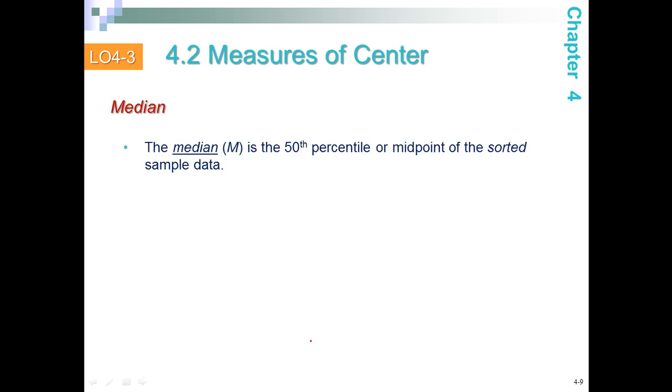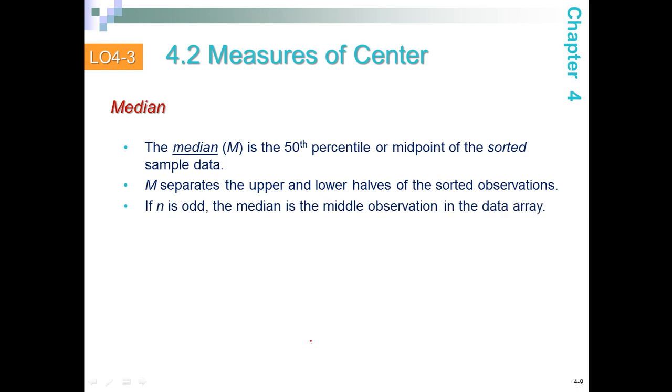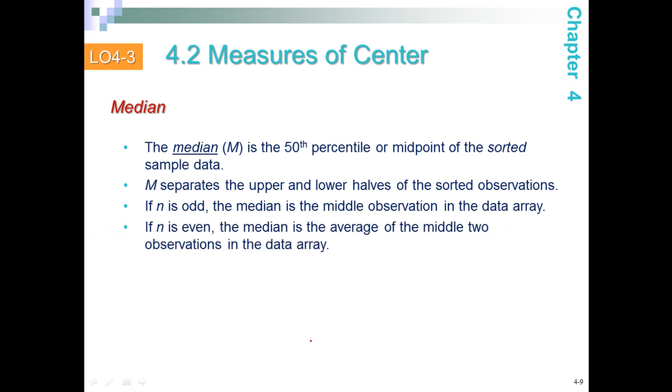And the median is what's called the 50th percentile, or the midpoint of the sorted data. In other words, half the data is smaller and half the data is bigger than the median. If the sample size n is odd, then the median is the value right in the middle. If it's even, then it's going to be the average of the two middle observations.